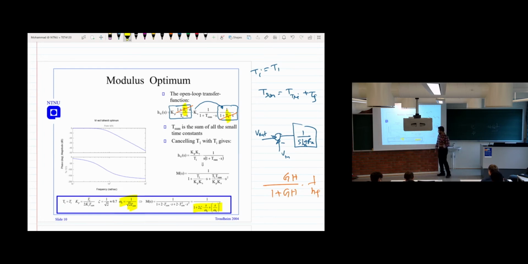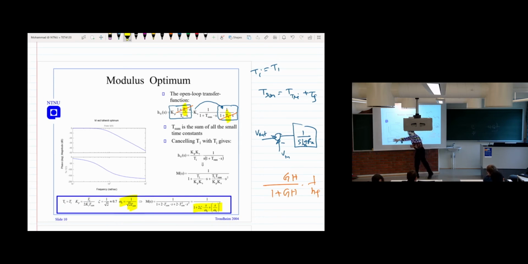Here we have all of them known. This T1 is known, it comes from system parameters, inductance and resistance. The Ks is also part of that, and the T sum comes from the triangular wave and the filter. So all these are known. Now you also got Kp by comparing this equation to that.